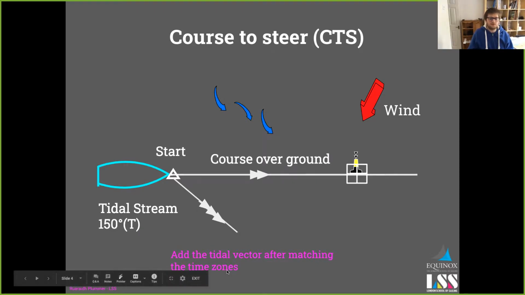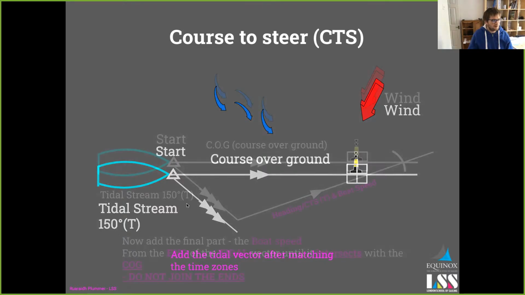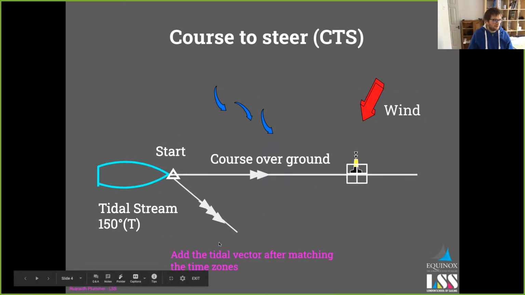This time I'm plotting the tide on at the beginning, not at the end. At the end is for an EP, for the afterthought, whereas for a course to steer we plot it at the beginning, because we're assuming that this much tide is going to affect us during the duration of this course. Once we've plotted it on, the final line is going to complete the triangle.